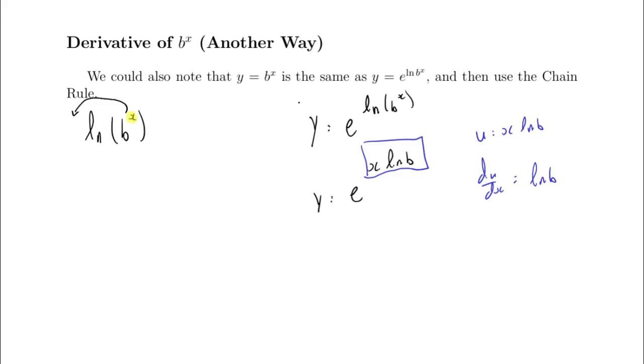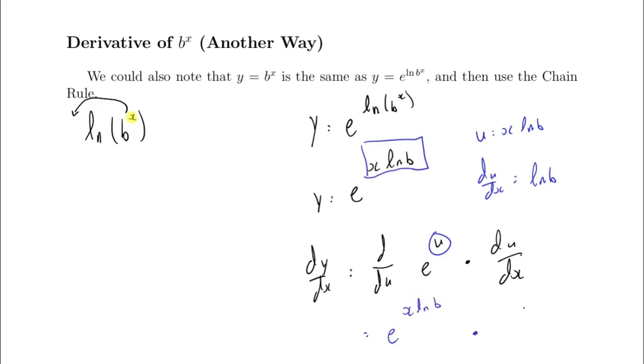And so now what we can say is that dy over dx is going to be d over du of e to the u times du over dx. Again, the derivative of this exponential we know is just going to be e to the u, but u is x natural log b, so we have e to the x natural log b times natural log b.